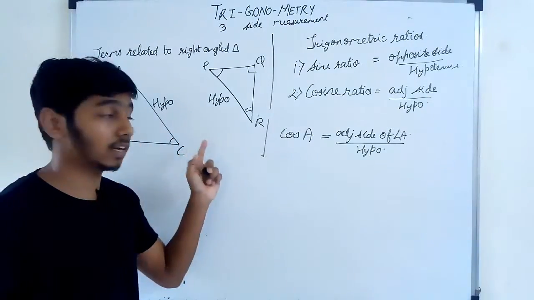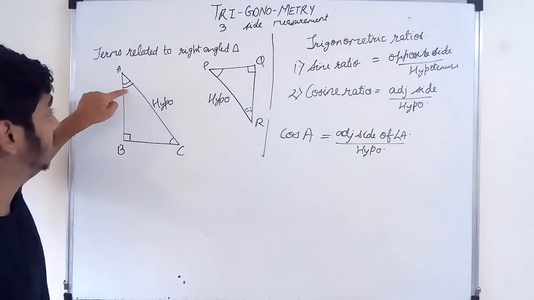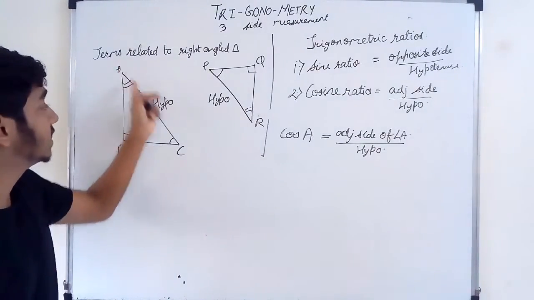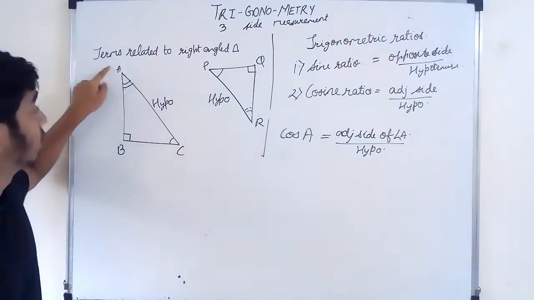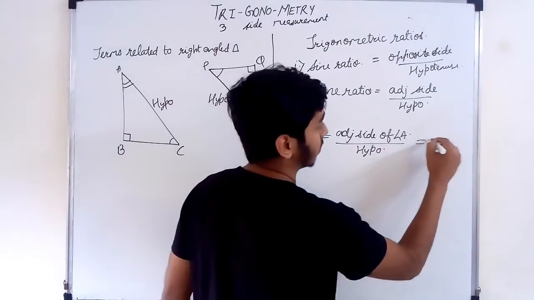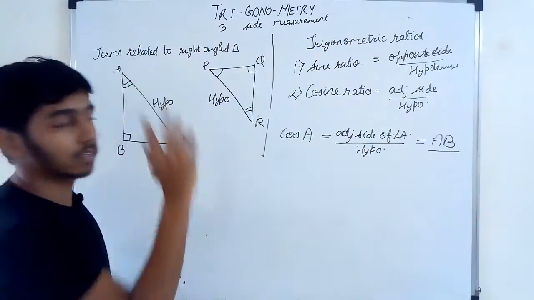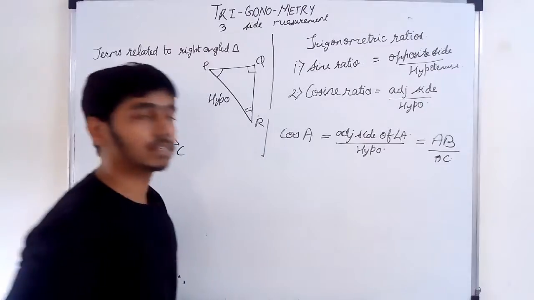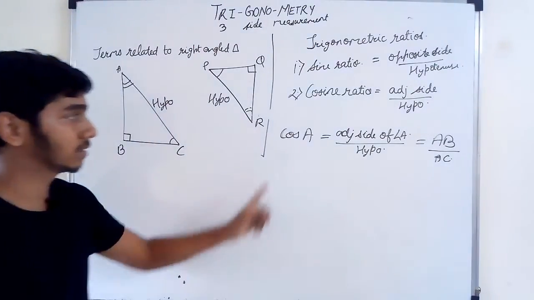Okay, so I hope you are understanding this. Now, the adjacent side of angle A is, if you see, the opposite side is BC, so we won't take this. AC is the hypotenuse, we know that. Therefore, the adjacent side of A will be AB. Okay, so AB upon hypotenuse AC. Therefore, AB upon AC. Okay, so I hope you are understanding this.